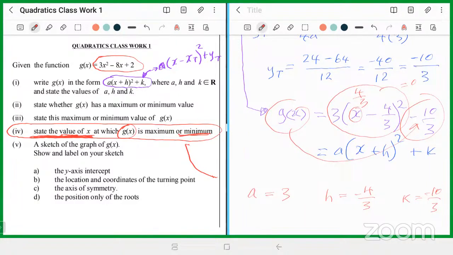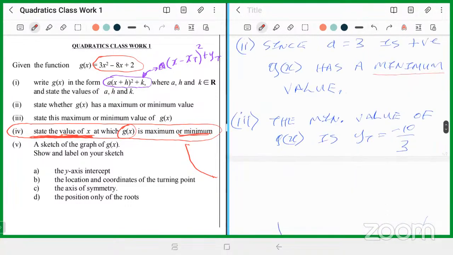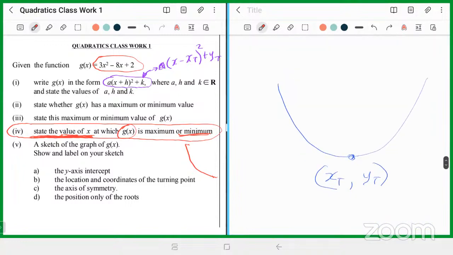The g of x is minimum, which is minus 10 over 3, when the x value becomes equal to the xt value. The mathematics show that, the formula and the expression show that, but it's shown also on the graph. This is the minimum value, and you get this minimum value at the point where the x value is xt.